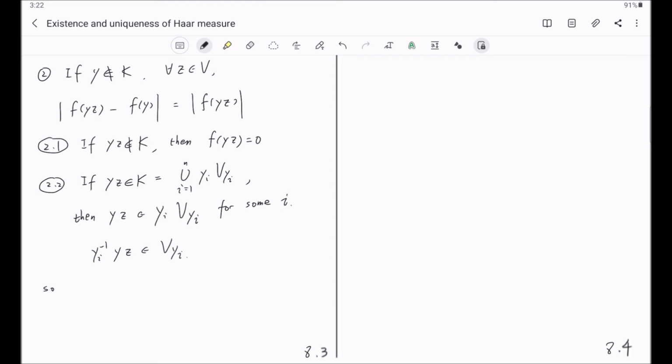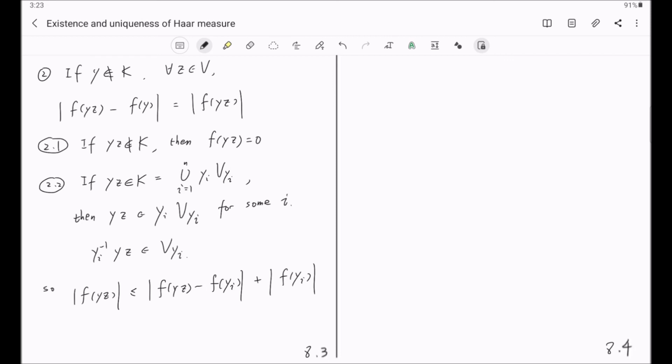So if you look at the absolute value of f of yz, applying the triangle inequality, this is less than or equal to the absolute value of f of yz minus f of yi, plus the absolute value of f of yi.